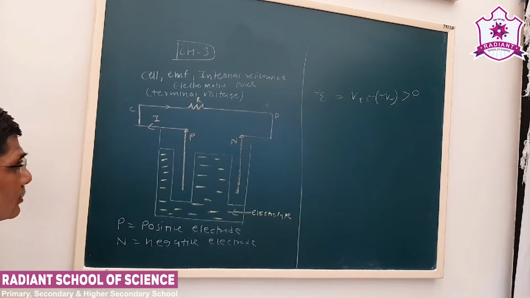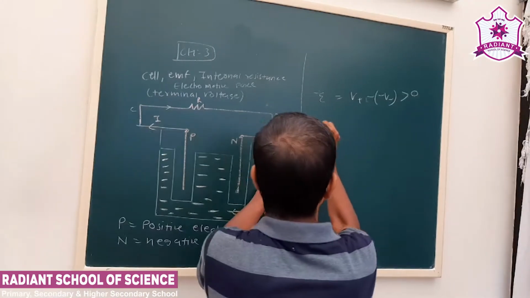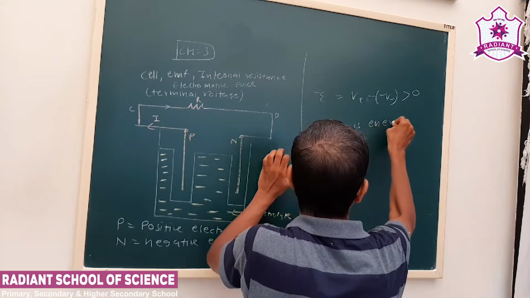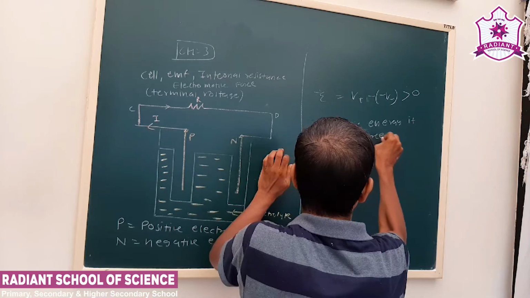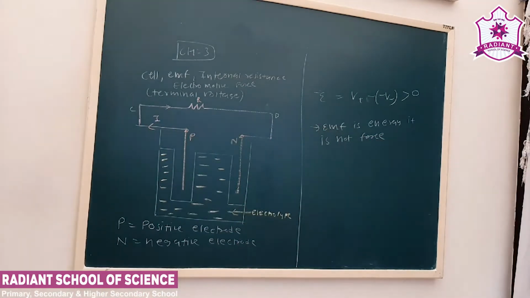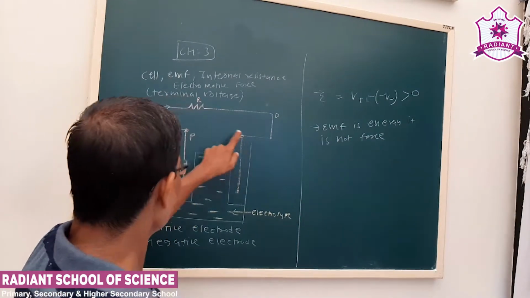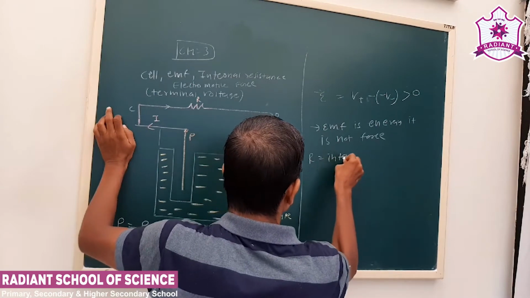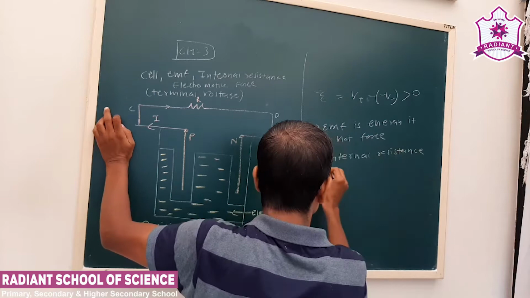Next we have to see about the internal resistance of the cell. EMF is energy, it is not a force, that we have to keep in mind. Now, as we see in the circuit, R is the resistance connected in the circuit.